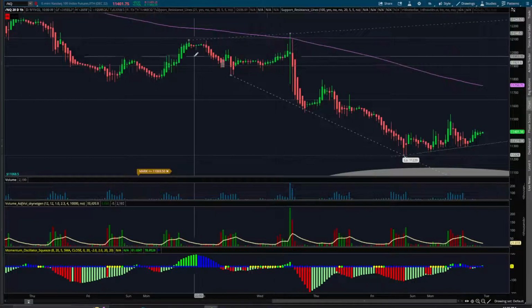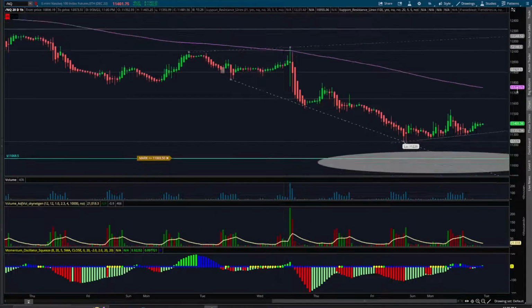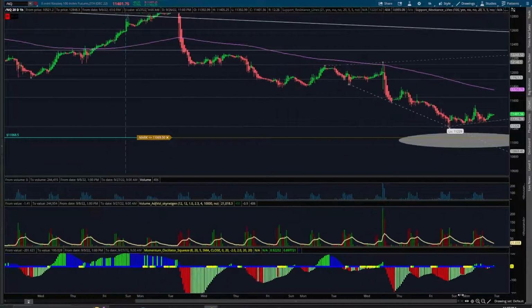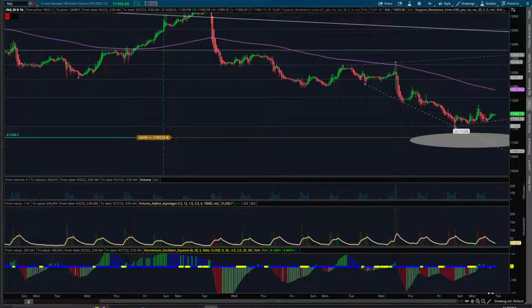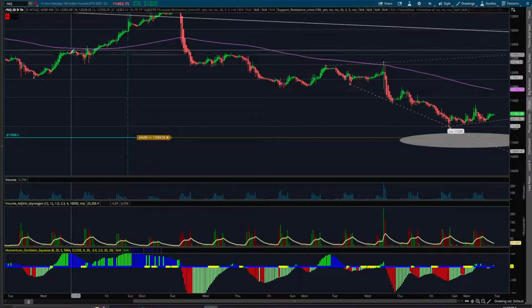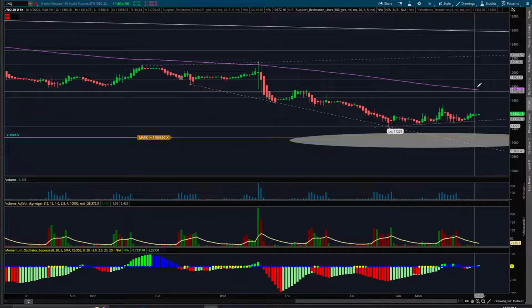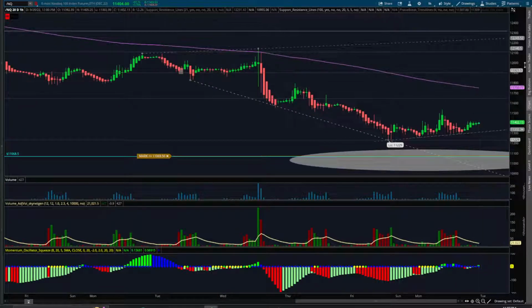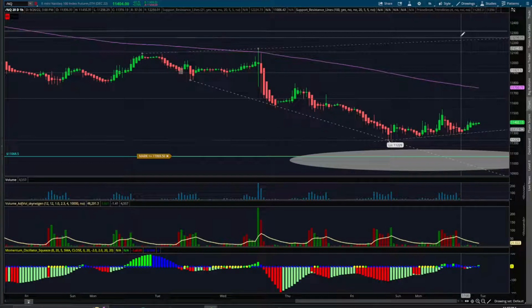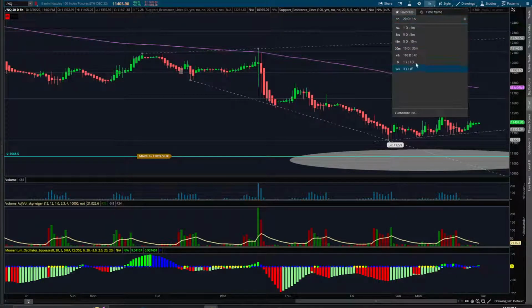You can see how last time we came up to the 200, we rejected. When's the last time we came? 2 weeks ago, but we broke that one. So we have room to the 200 EMA at least, and then we'll see what happens. So definitely room to run there for tomorrow.